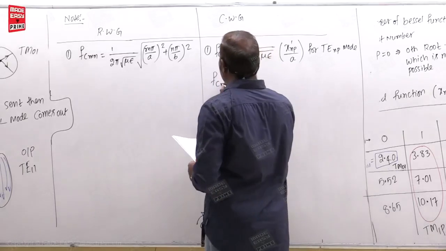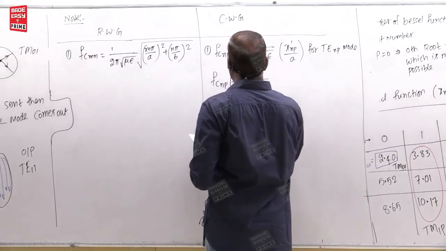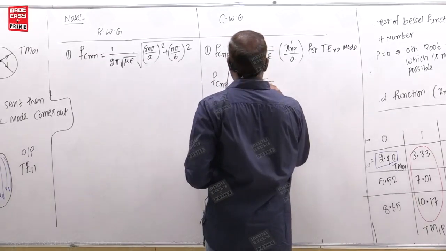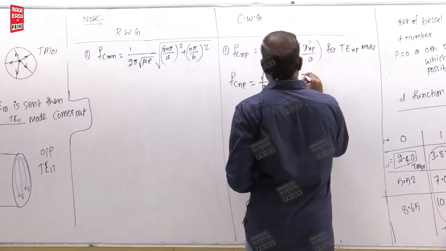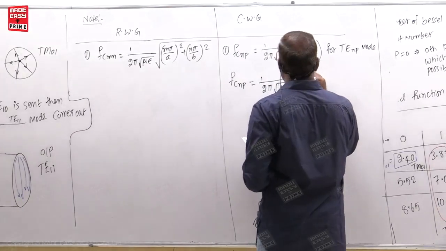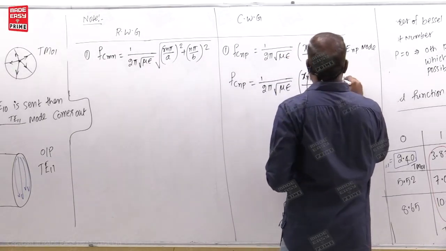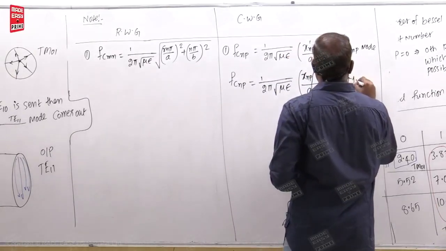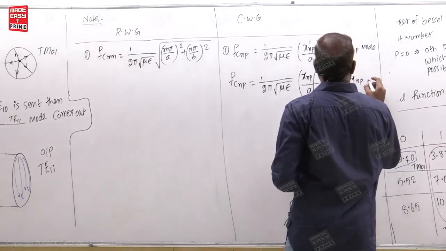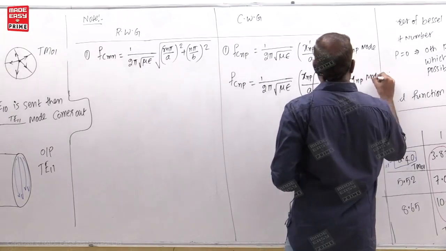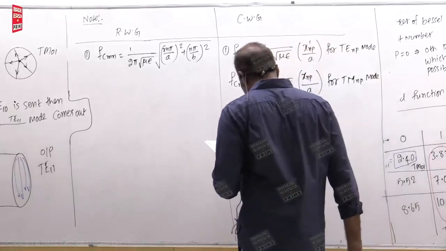And this one fc_np is equal to 1 by 2 pi root mu epsilon times Xnp divided by a for TM_np mode, right?